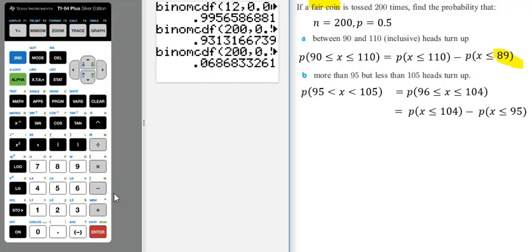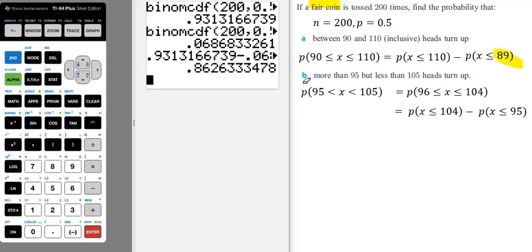Then enter. So using this minus this one, your answer will be 0.863.